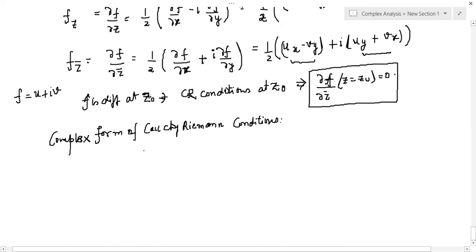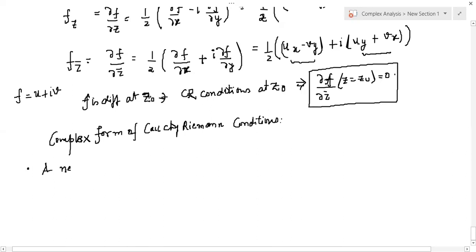So we have already studied that a necessary condition for differentiability at a point is what? A necessary condition is that Cauchy Riemann conditions must hold. And in a similar way, if Cauchy Riemann conditions hold, then it implies del f upon del z bar is equal to 0.